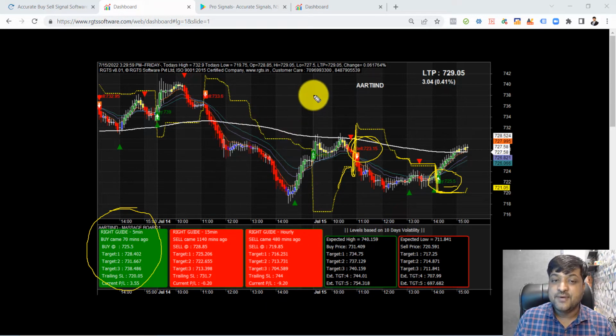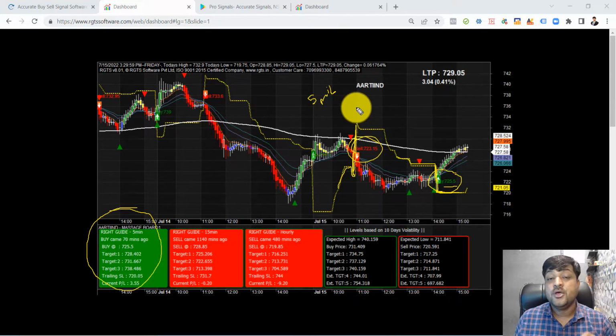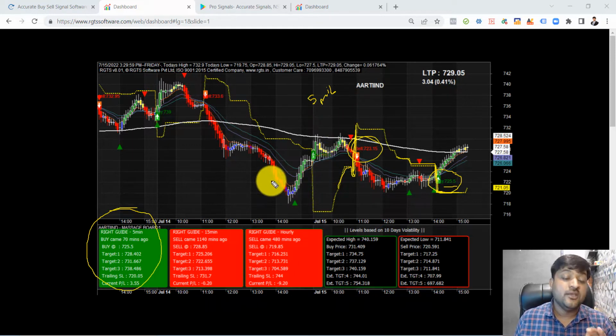So this is the 5-minute chart. Okay, so you get the 5-minute signals. 5-minute means it is useful for intraday trading. Okay, for particular silver and gold, if you are a commodity trader, you have to use the 15-minute and hourly chart.